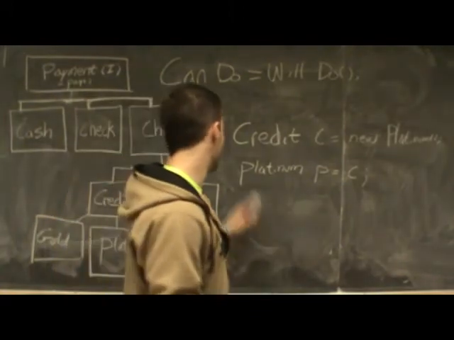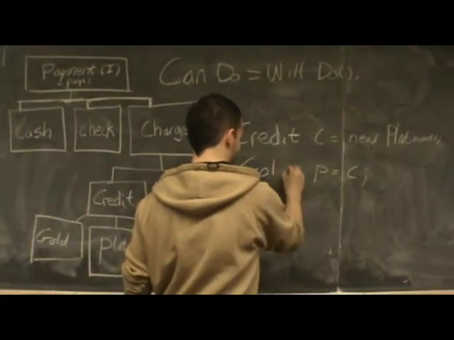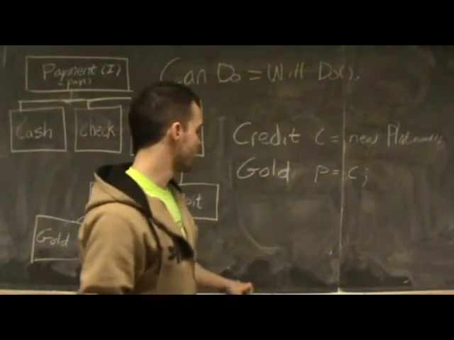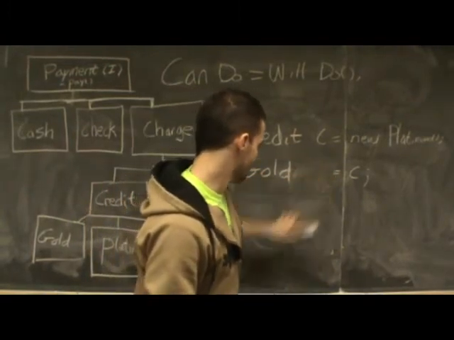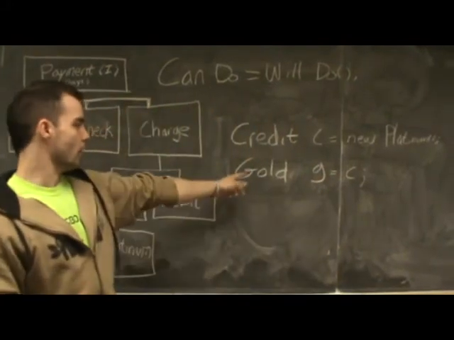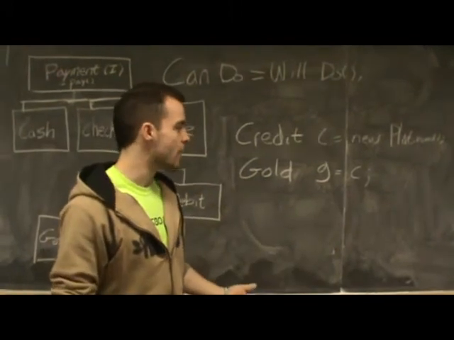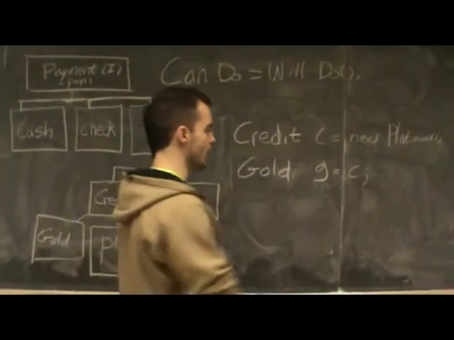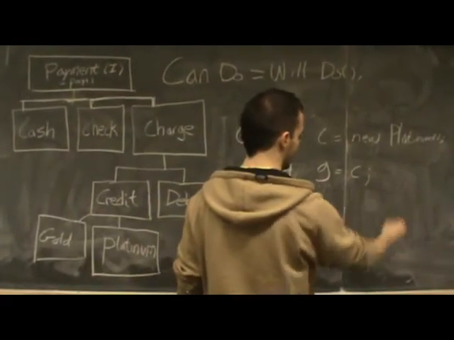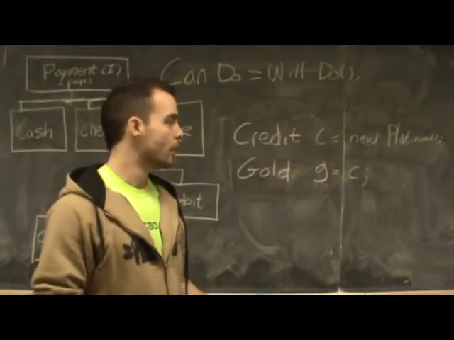But instead of platinum, let's say I wrote gold. And just for ease of understanding, let's call this G. Gold G equals C. So the compiler will automatically cast it to a gold. So this is like saying gold in parentheses C. So it's going to try to cast a platinum to a gold.